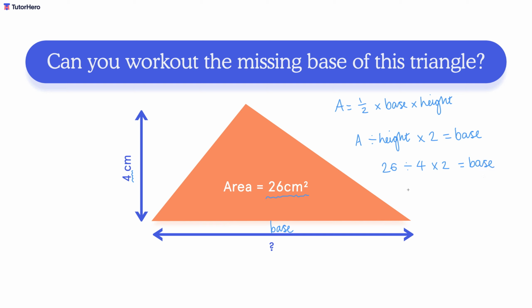So 26 divided by 4 equals 6.5. 6.5 times 2 will give us the base. 6.5 times 2 equals 13 centimetres. 13 centimetres is the base of our triangle.